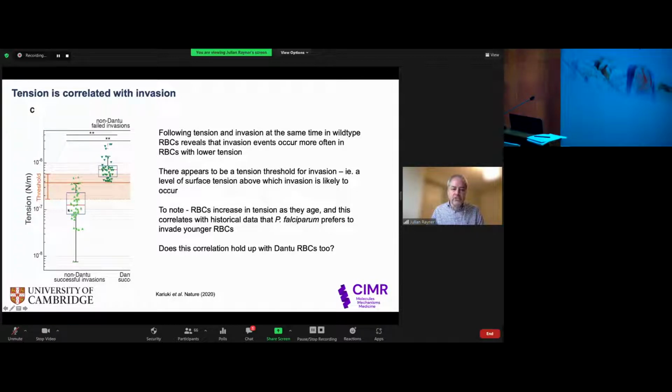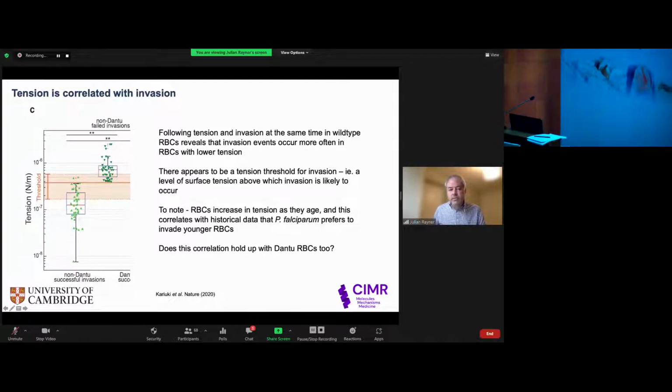So each of these are individual parasite-erythrocyte interactions. And it looked like there was essentially a threshold somewhere around here: if you were above this threshold, the parasites were very unlikely to invade, and if you were below this threshold, the parasites are much more likely to invade. And these are just with wild-type cells from regular donors in our lab.